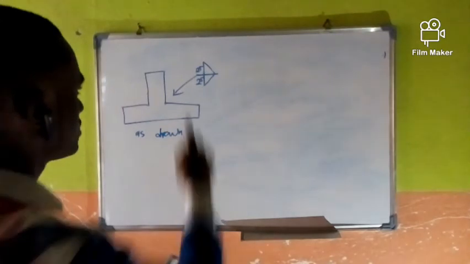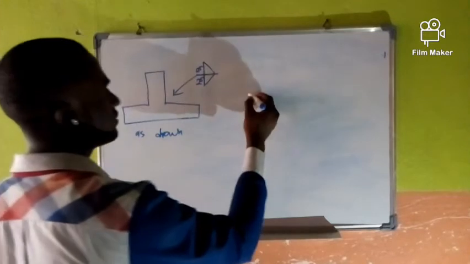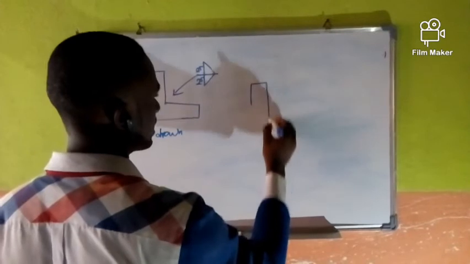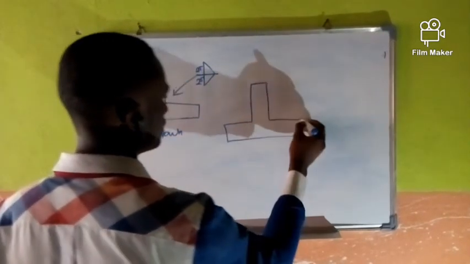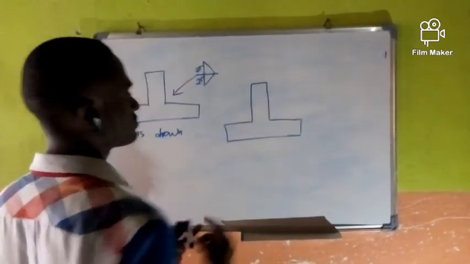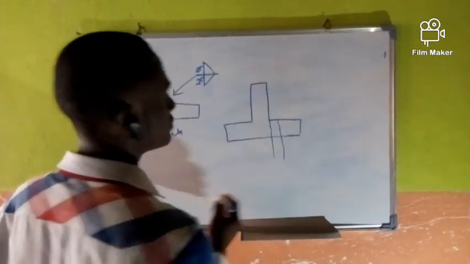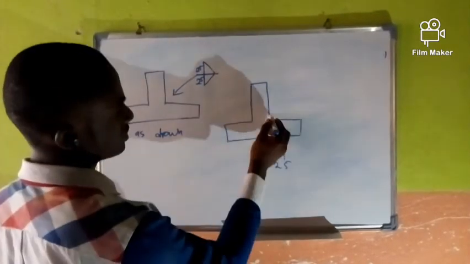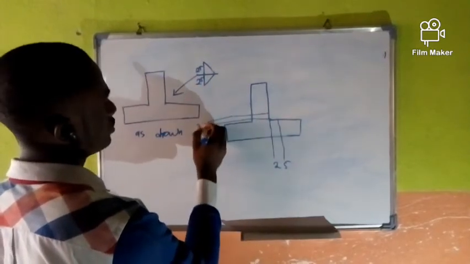Now what this 25 means is, if you have a piece of material this way, remember we are carrying out a fillet weld. This means that the arrow side leg will be 25, while this other side will also be 25.